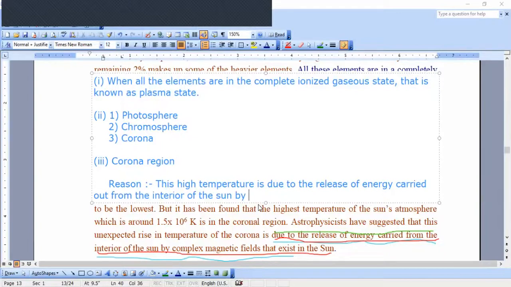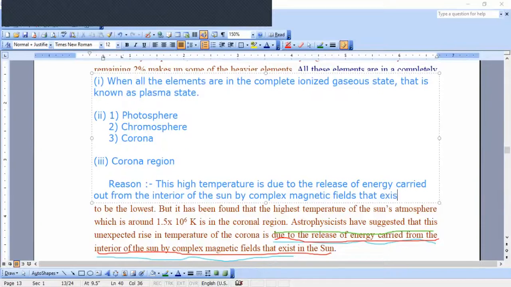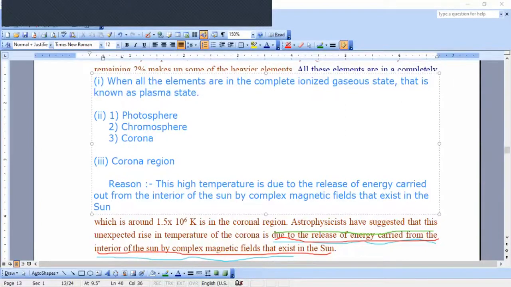So let's write the answer. By complex magnetic fields that exist in the sun. So that's the answer for Roman number 3.